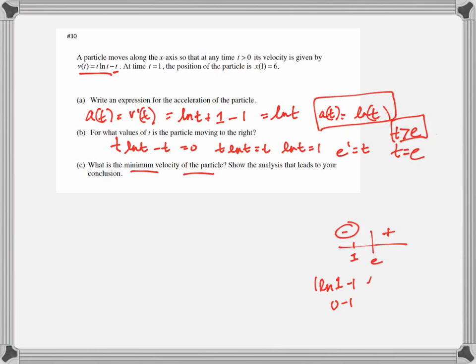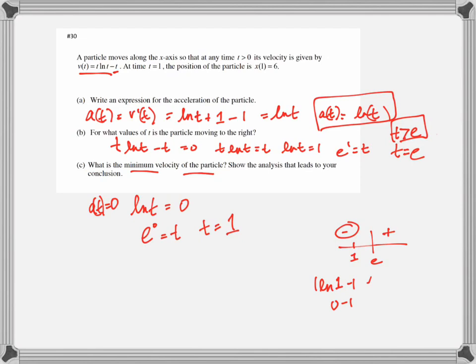So I have ln t, the acceleration. So a of t equals 0. So ln t equals 0. So e to the 0 equals t, so t equals 1. So when t equals 1, what does v of t equal?